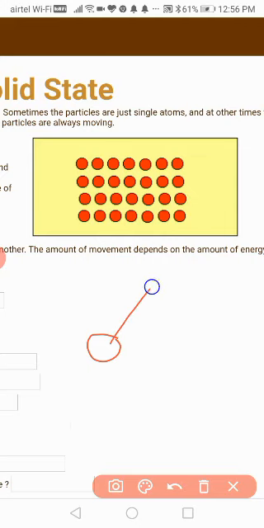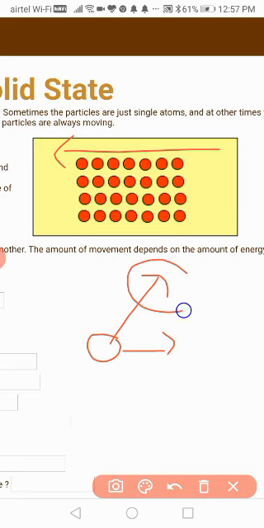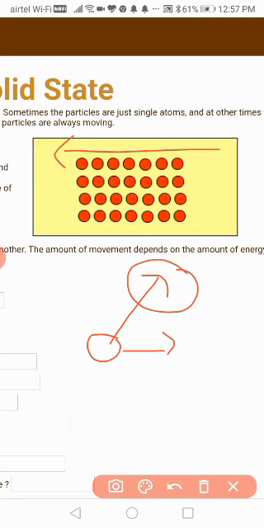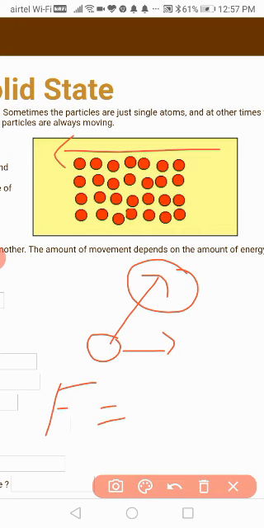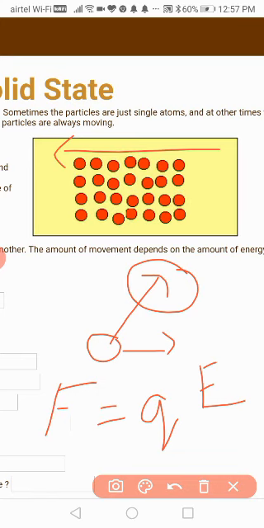One is the thermal velocity, and one is the drift velocity. But increment in the thermal velocity will decrease the effect of this field, because the field is applying the force F equal to QE. So the increment in the thermal velocity will reduce the effect of the electric field.